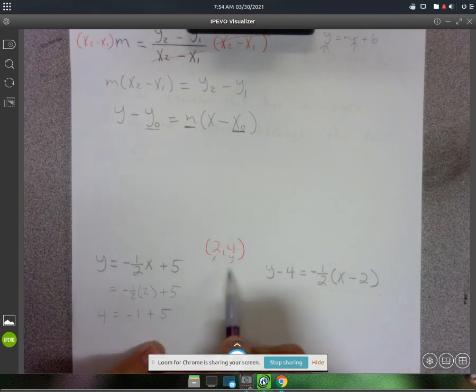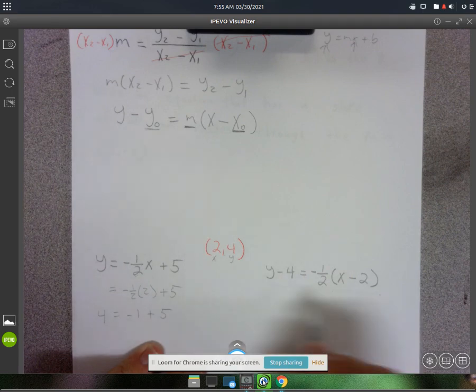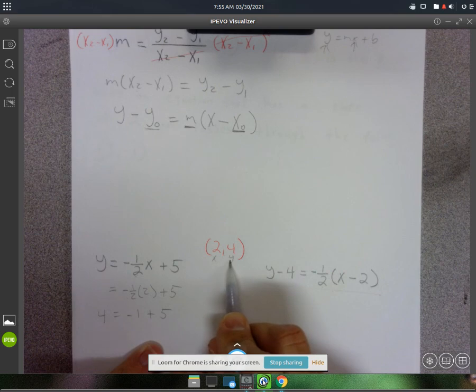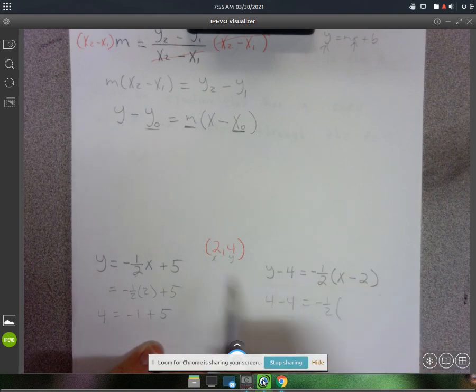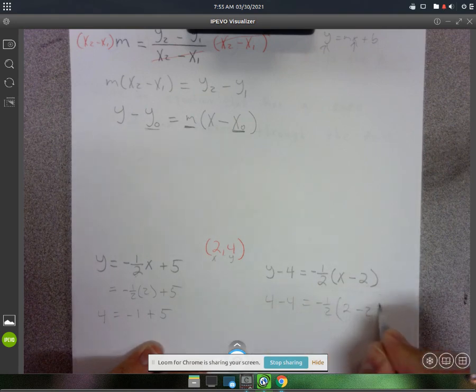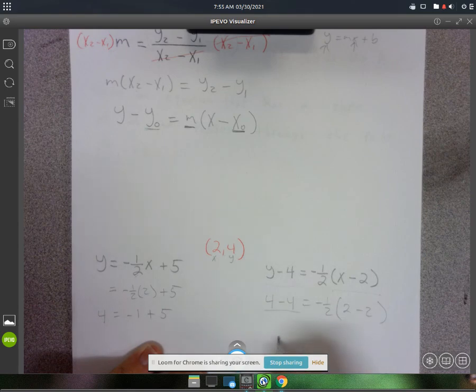All right. But what's nice about point slope form is that if I plug in these values, you actually get 0 immediately back on both sides. And so it balances. So if I plug in 4 for y, I get 4 minus 4. And then if I plug in 2 for x, I get 2 minus 2. So I get 0.